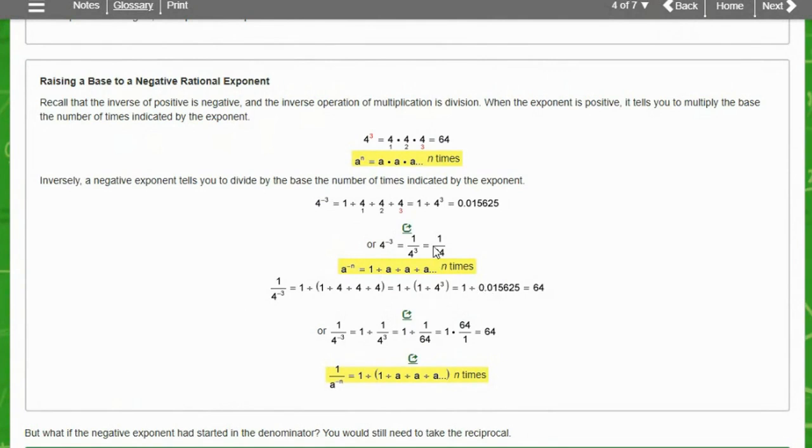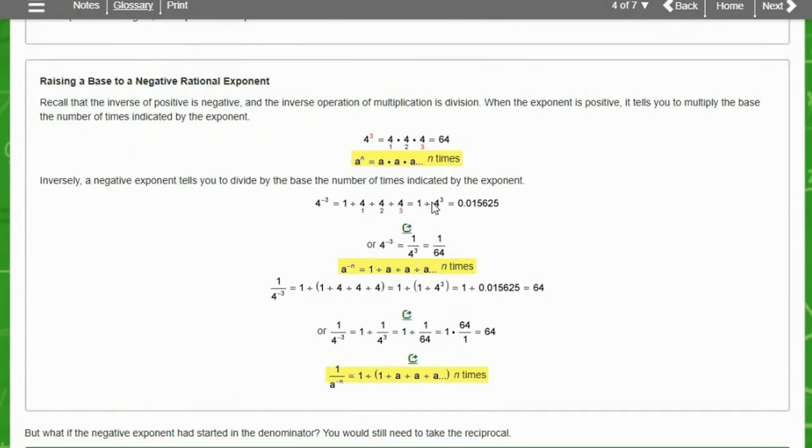So based on this, we make this rule that I've already put on our exponent properties: a to the n equals a times a times a, n times. So if you have 4 to the negative 3rd, for example, it's 1 over 4 to the positive 3, or 1 over 64. And they do some other division there. So 4 to the negative 3rd means take 1 and divide it by 4 three times.